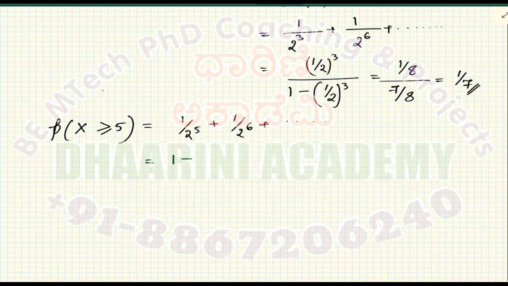From that I have to subtract whatever exists before this, that is 2 to the minus 4, 2 to the minus 3, 2 to the minus 2, and 2 to the minus 1. It's all the values greater than 5, so I have to subtract 1, 2, 3, 4. We just have to do this calculation, and I think we are going to get a value of 1 by 16. That's the answer.